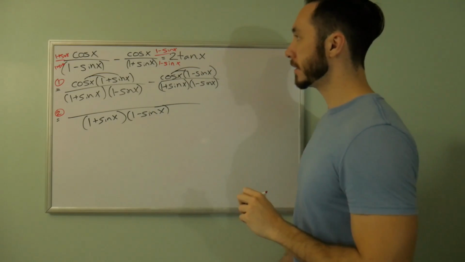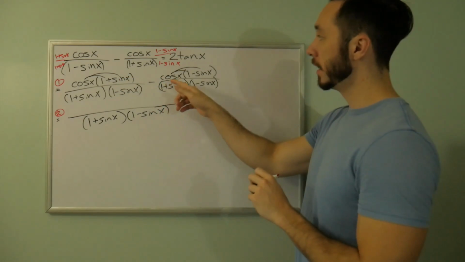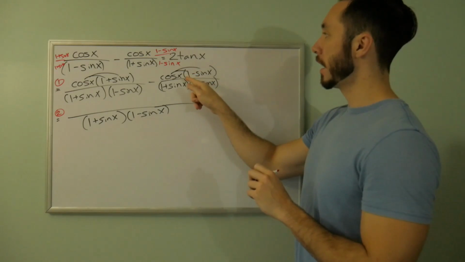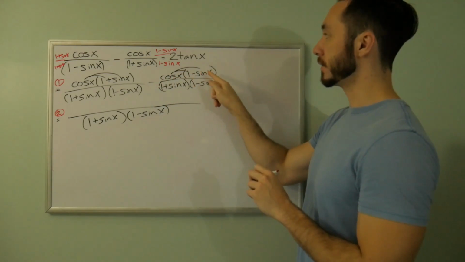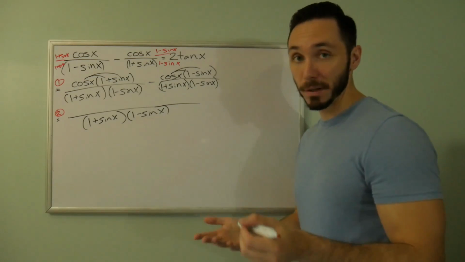Okay, and the top, this is going to be cosine x, this is going to be cosine x sine x when you distribute. And likewise, you have to be careful of this tricky negative here. This is going to be negative cosine x, and this will be a negative times a negative, so it'd be positive cosine x sine x. Yeah, so let's do that. Should be 4 terms.